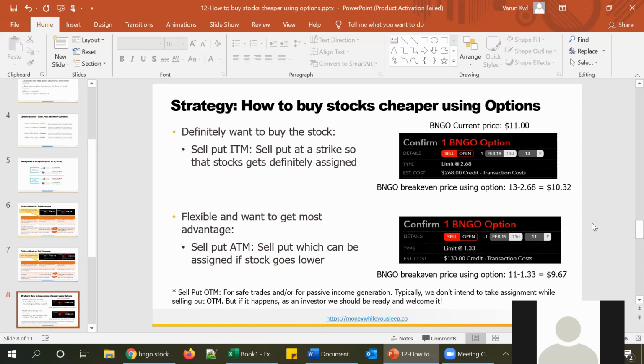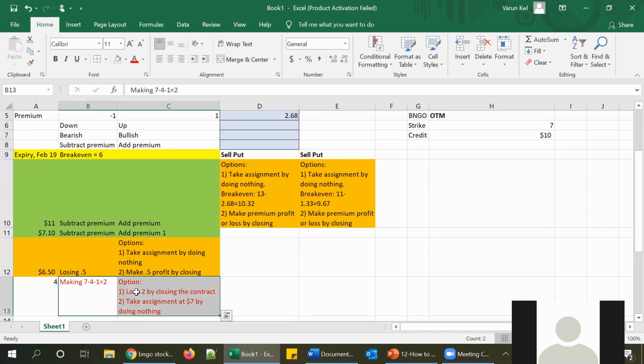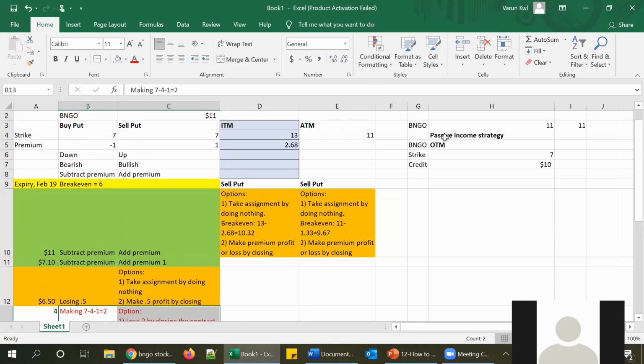This is just about aggressiveness. So in passive income strategy, you are not aggressive about having that stock, right? You're not aggressively looking for the stock. You are just trying to make some money. And if it happens that the stock still goes below that, then you accept that loss or take the assignment, right? That is your intention when you are in a passive income strategy mode. But here you are aggressively trying to buy that stock.